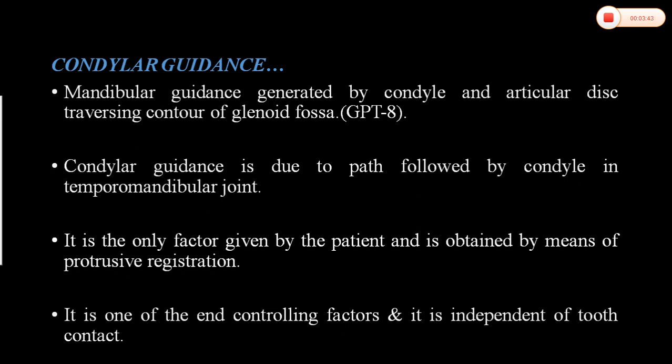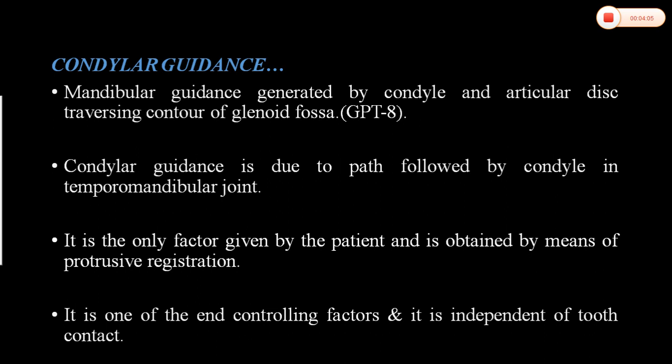So condylar guidance is due to the path followed by the condyle in the temporomandibular joint. It is nothing but the path taken by the condyle during mandibular movements. It is the only factor given by the patient and it is obtained by means of protrusive registration.